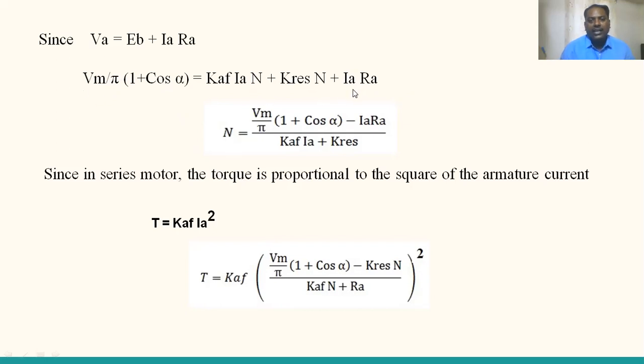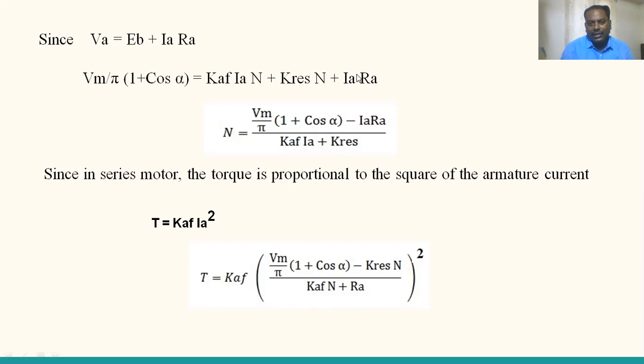The armature current IA is equal to Vm by pi into 1 plus cos alpha, minus KRES into N. So you take IA as common, and it becomes KAF N plus RA.